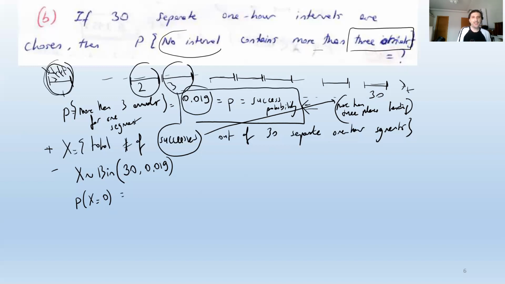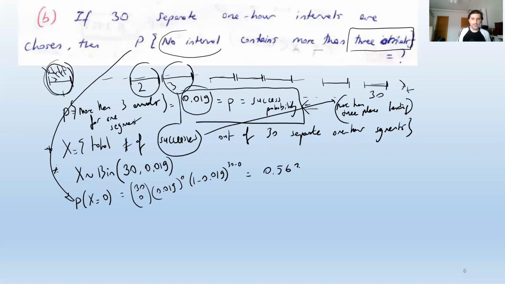Once you define x, define the distribution of x, and convert the question into mathematical form, the rest of the question is straightforward, because we can easily find this from the distribution. It is going to be equal to 0.563.